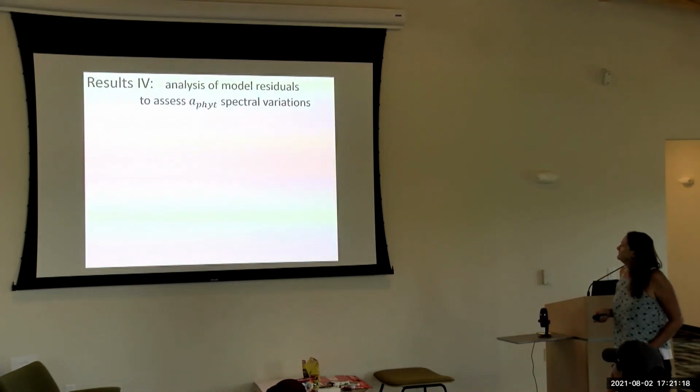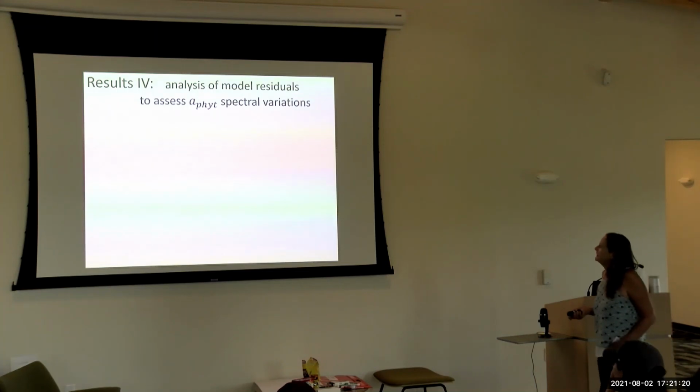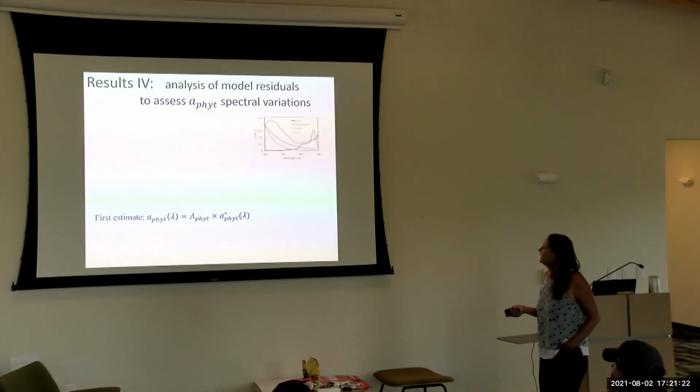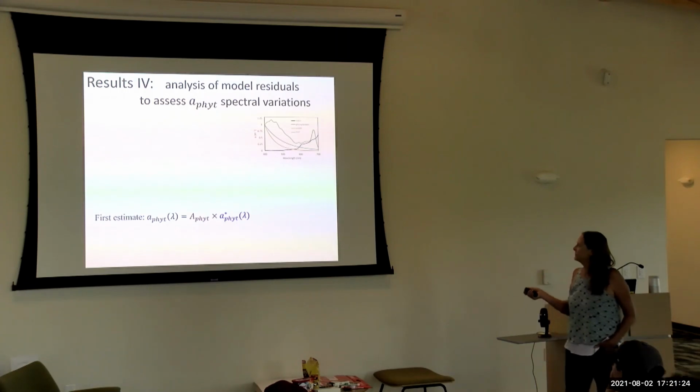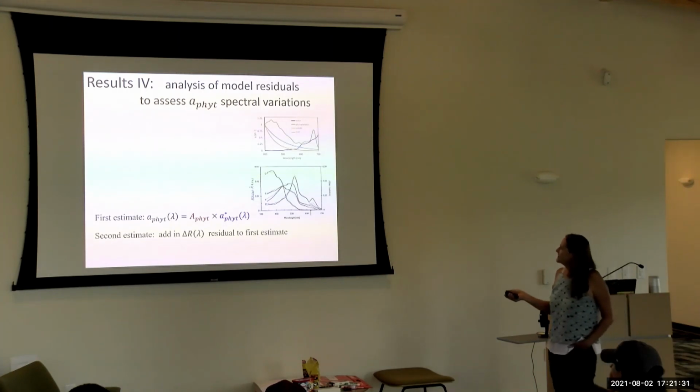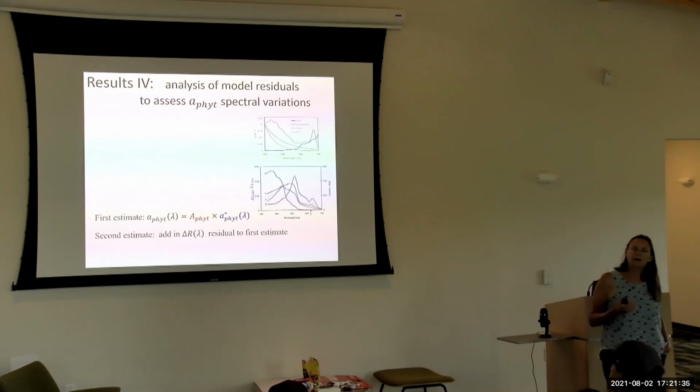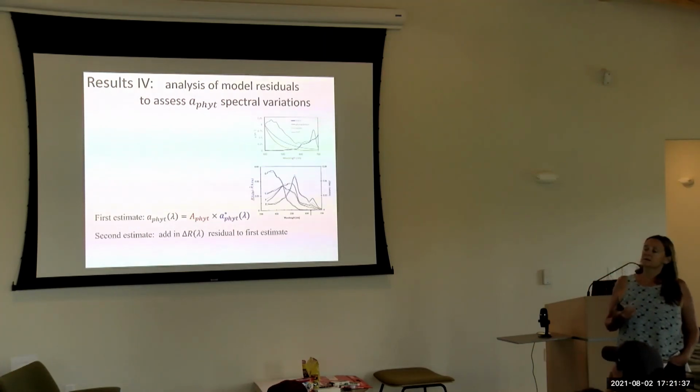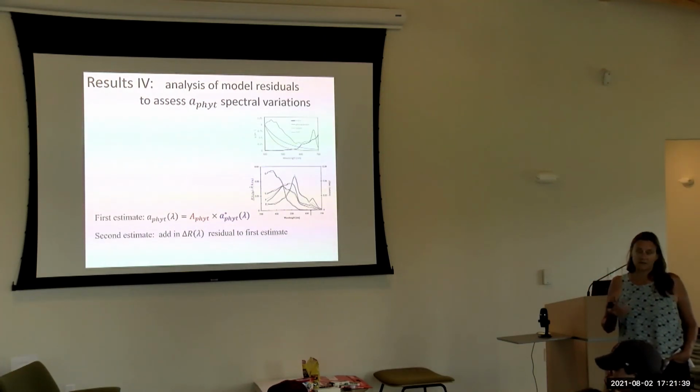All right. So then this gets into the model of residuals. Again, you have this first estimate, which is your basis vector times whatever coefficient you estimated. But the second estimate is, as I said, using the residual between the measured and the model and seeing what information that can provide, because something is causing the measured reflectance to be different from the model.